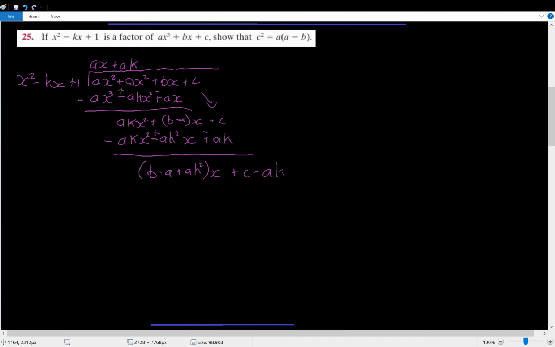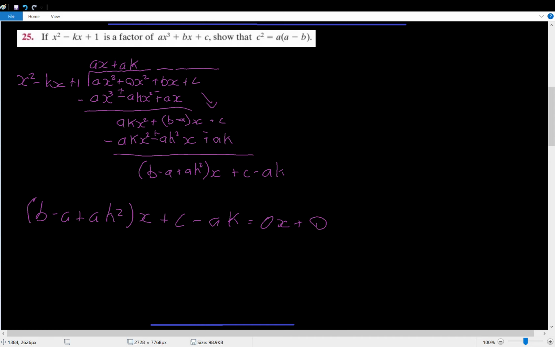Since we know that x squared minus kx plus 1 should divide into our other expression evenly, this remainder is going to be equal to 0. So we've got (b minus a plus ak squared)x plus c minus ak equal to 0x plus 0.